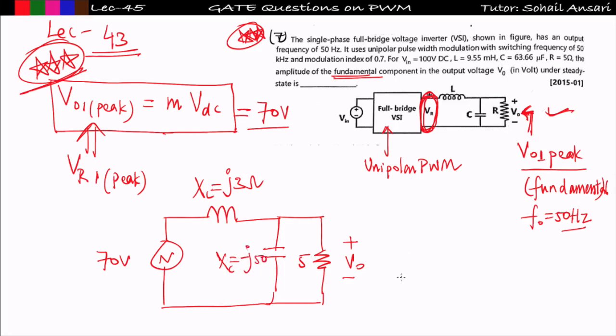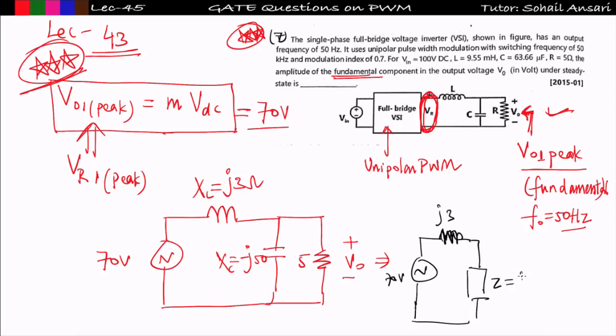Now you can reduce this circuit by taking the parallel combination of these two. It will be 70 volt into j3, this is my XL, and the combination gives Z equal to 5 multiplied by minus 50j upon 5 minus 50j. This is my value of Z, and here I need to find the value of V0.